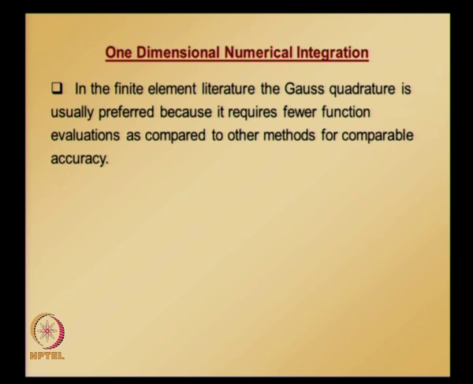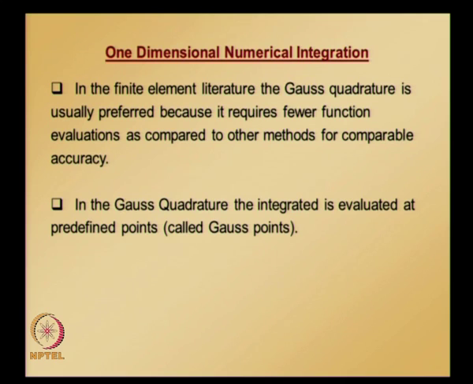So in Gaussian quadrature, the integrand is evaluated at predefined points called Gauss points, and the location of these Gauss points is derived in such a way that with n points a polynomial of degree 2n minus 1 is integrated exactly. More details you can find in any of the standard books on numerical analysis.